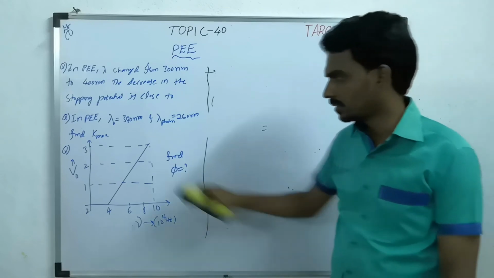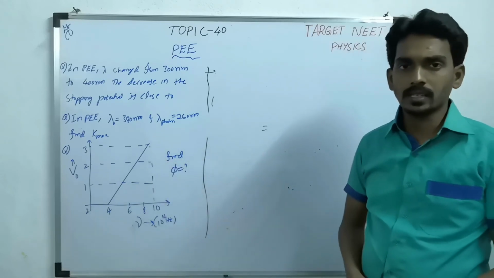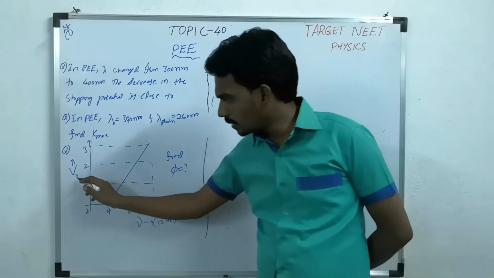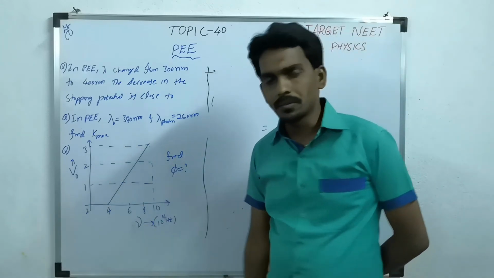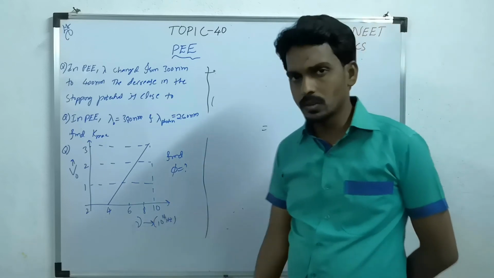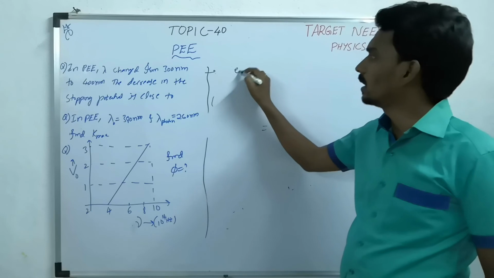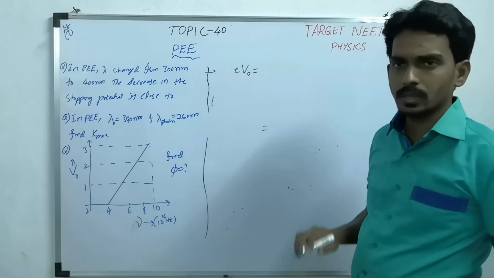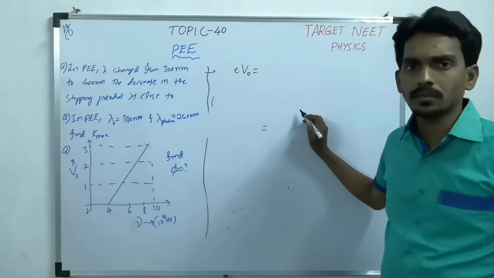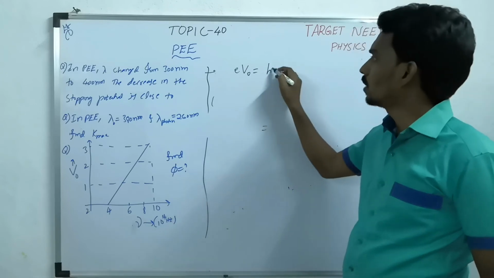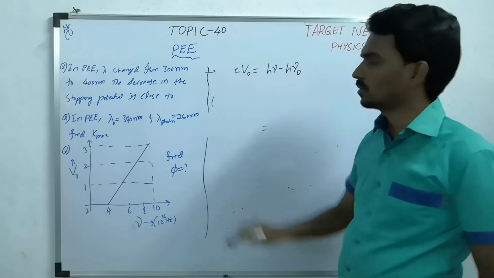What is that? The graph-based question. As I said, sometimes they will give a graph-based question. What is the graph between stopping potential and frequency? F or nu, you can represent frequency either way. So what is the relation? eV naught equals h nu minus h nu naught.